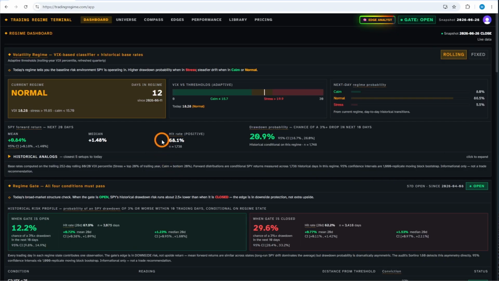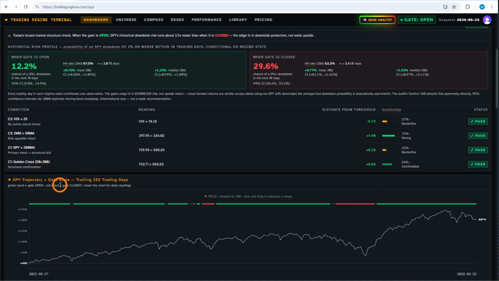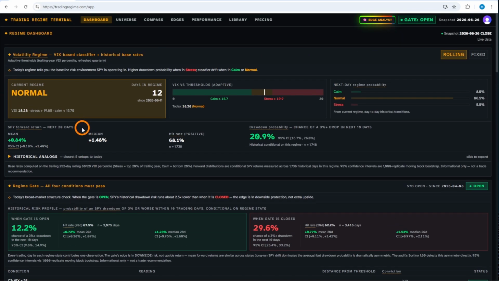So here we are at the Trading Regime Terminal dashboard, and the big things that you're going to want to look at are your volatility regime, your regime gate, and SPY trajectory gate. That's for if you're trading futures like ES, MES, NQ, MNQ, even gold will go down into some areas and identify that later.